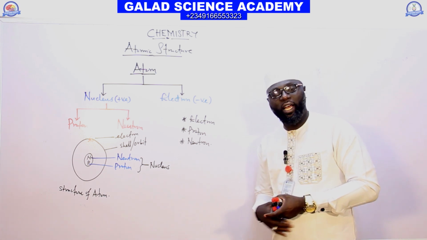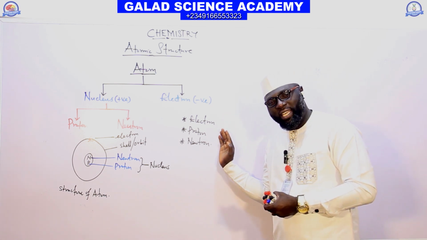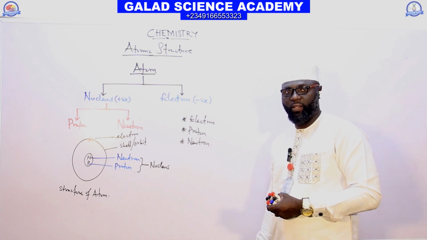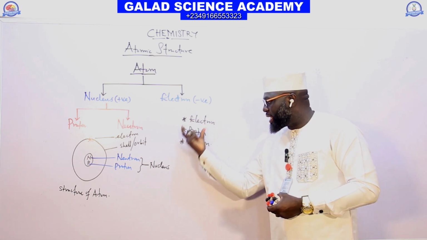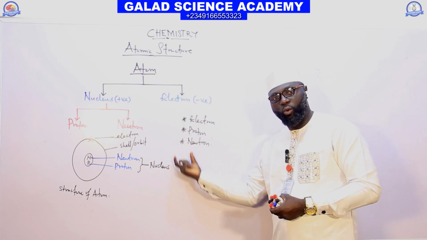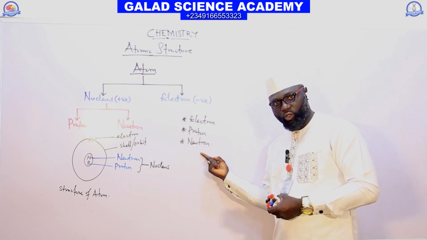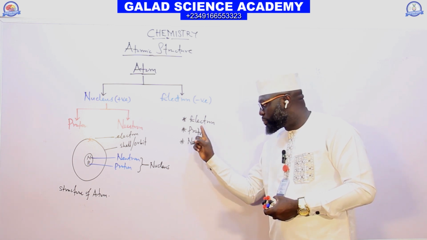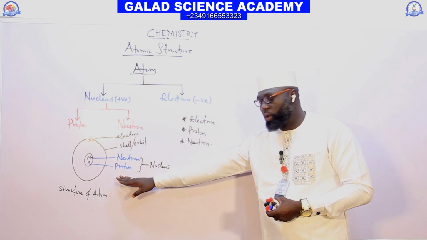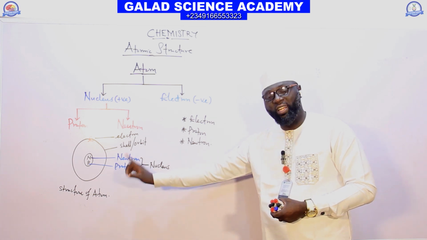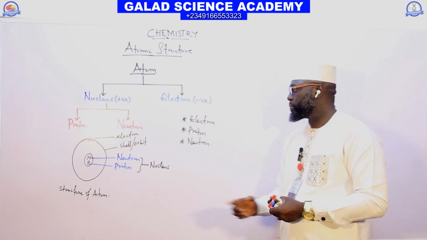These are the three basic atomic components, the three particles found inside the atom: electron, proton, and neutron. But don't forget that the proton and neutron are components of the nucleus, which is found at the center of the atom.